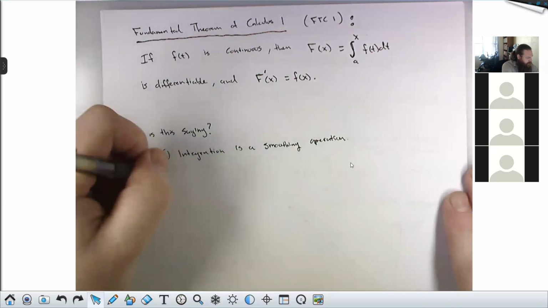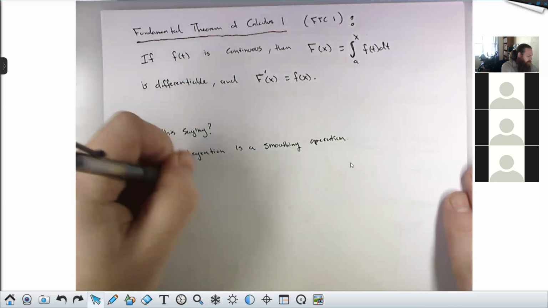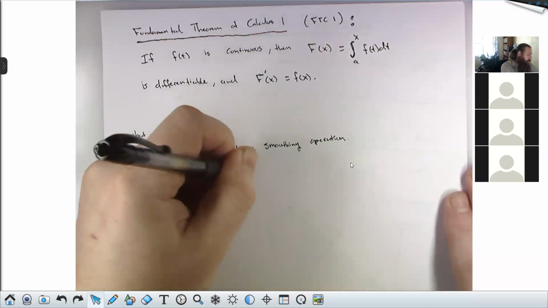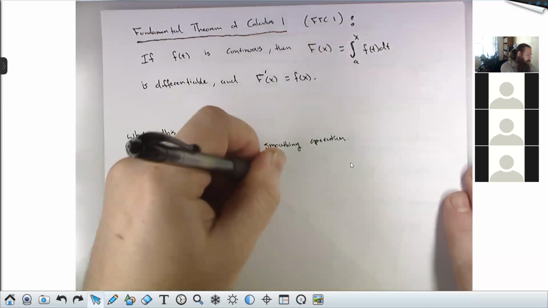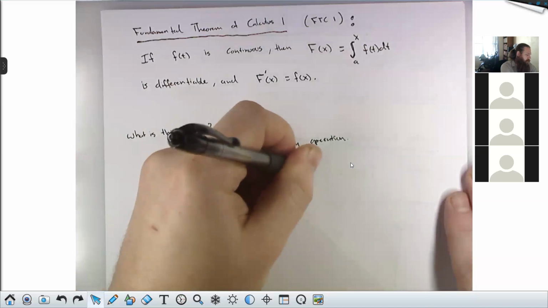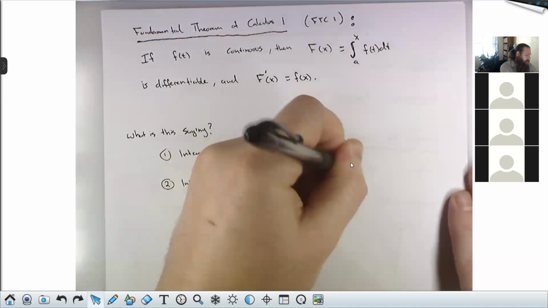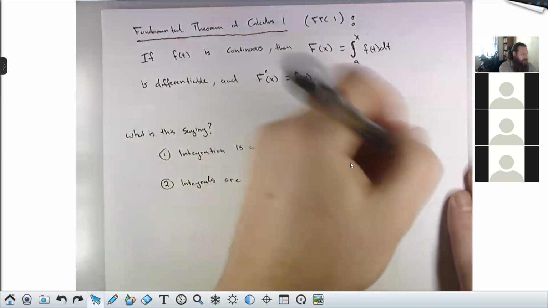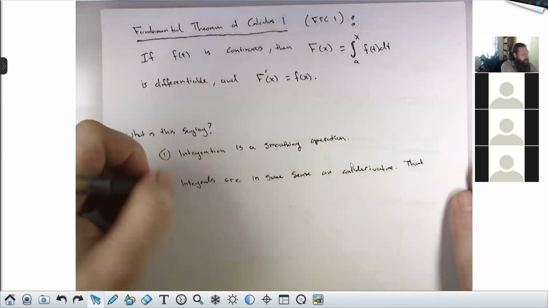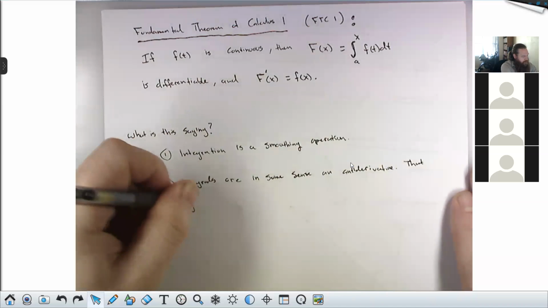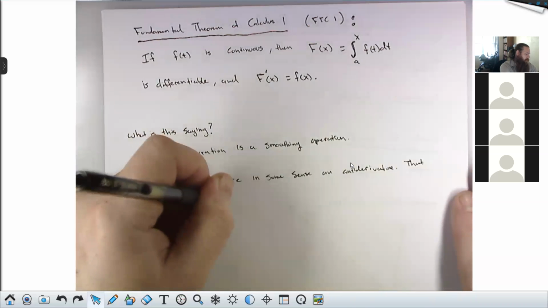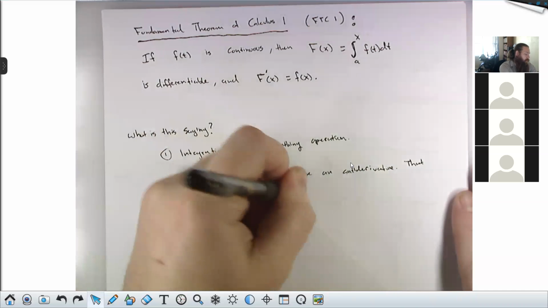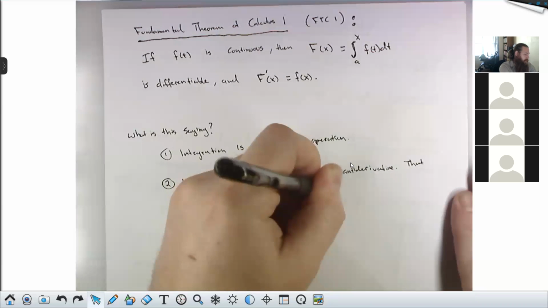What else is it saying? Well, it's saying integrals are, in some sense, an antiderivative. That integrals and derivatives undo one another.